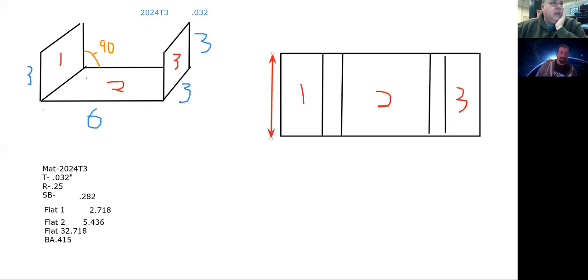That'll be 3 inches. Then we'll have 2 bend allowances here. What is the measurement of those bend allowances? It'll be 0.415 for each. Yep, 0.415 for each.